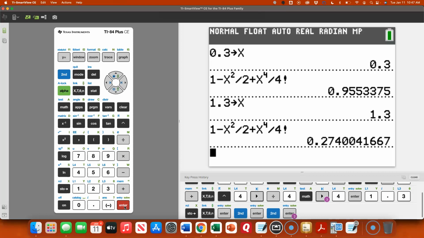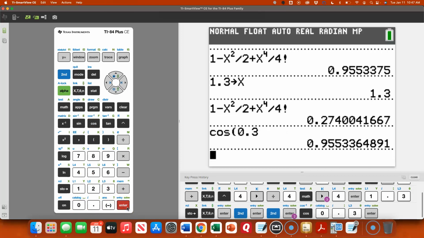And just for fun, let's see what the, I say actual values. The value it's going to show us up here is actually still an approximation. But let's see what the calculator says cosine of 0.3 is. Look at that. This was our approximation. Look, we got 1, 2, 3, 4, 5 digits correct. With just 3 terms.